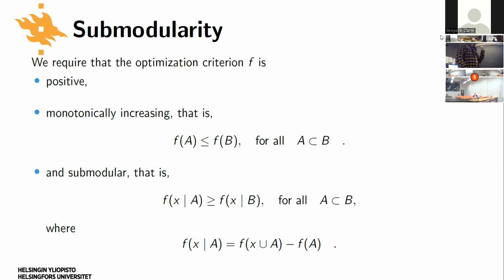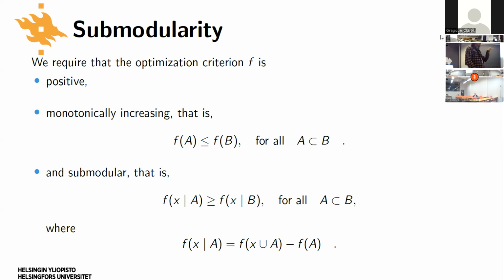And the last thing, and this is the most involved one, is that it needs to be a submodular function. And what is submodular? Whenever we add an item, in this case x, to a set, the gain that we get, and the gain is positive because the function is always increasing, is decreasing. So it's called diminishing returns.